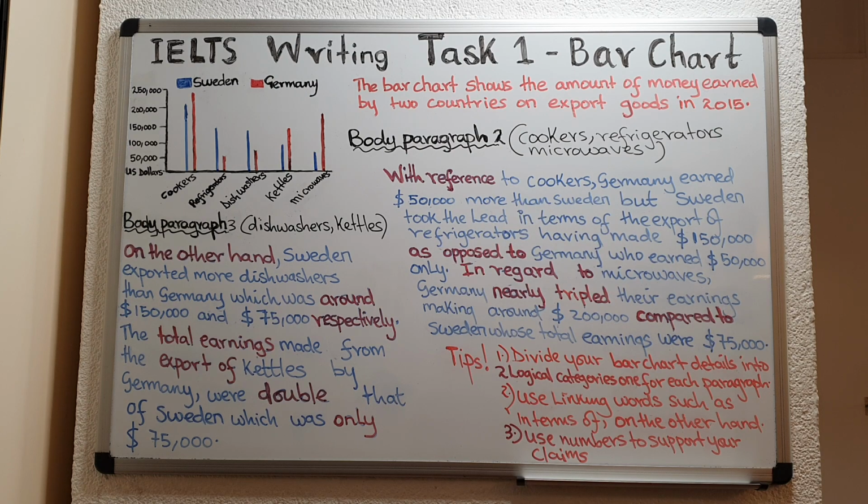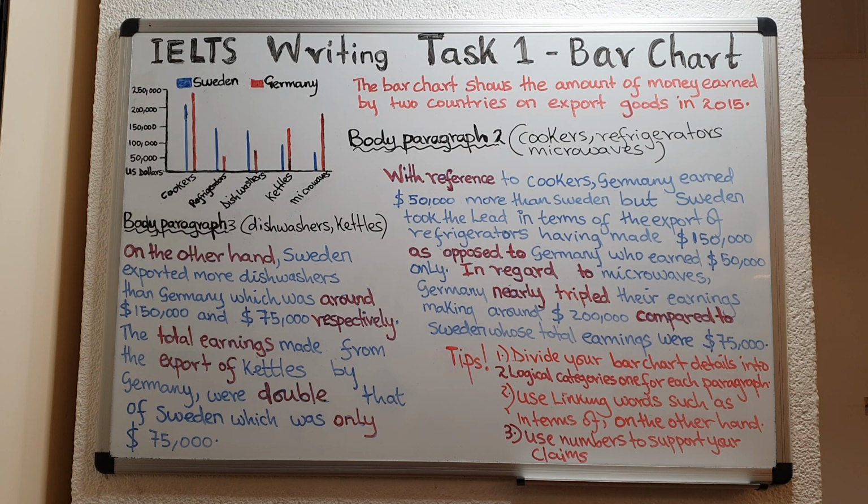In regard to microwaves, Germany nearly tripled their earnings, making around $2,000 compared to Sweden, whose total earnings were $75,000. So I ended that paragraph with Germany on top. Now, in the next paragraph, Sweden is going to be on top, and that's why I am using the linking word on the other hand.